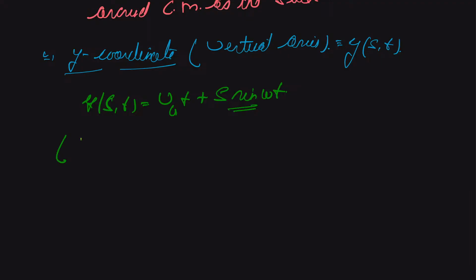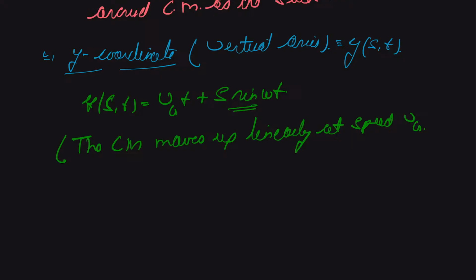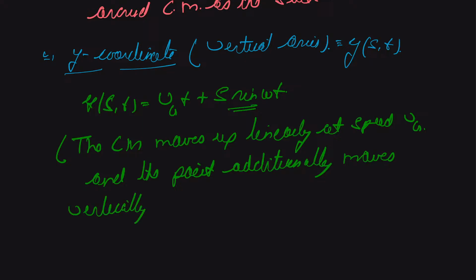Therefore we can write that our center of mass moves up linearly at speed v of g, and the point additionally moves vertically due to rotation, and the rotation part is sine of omega t.